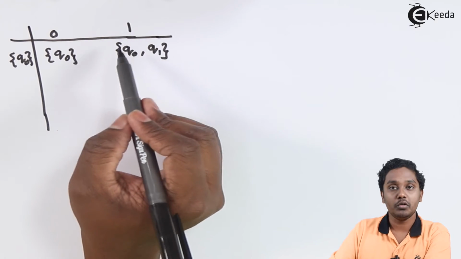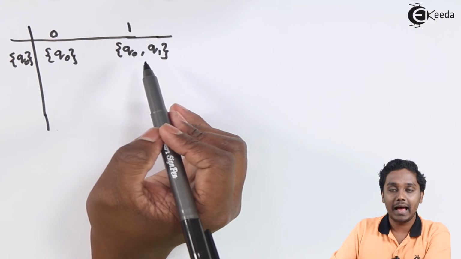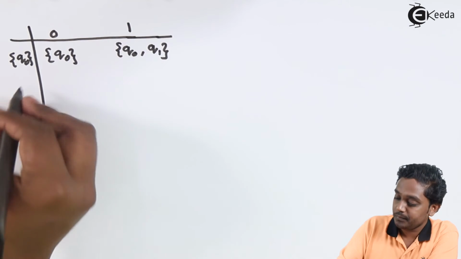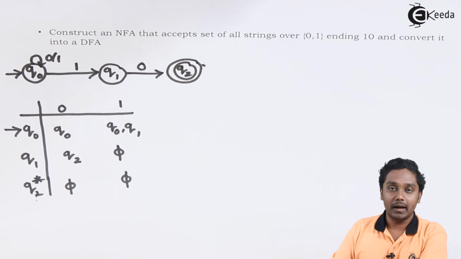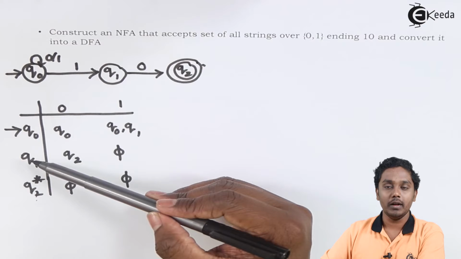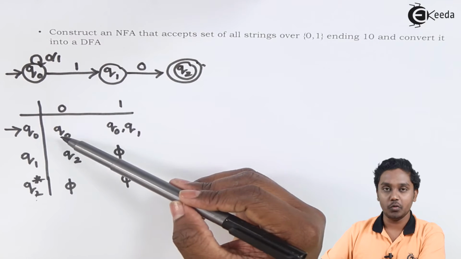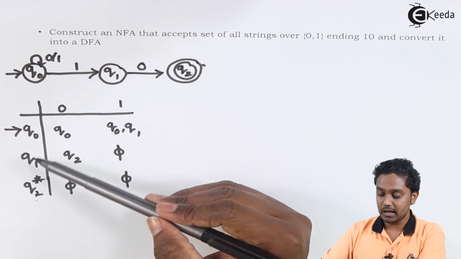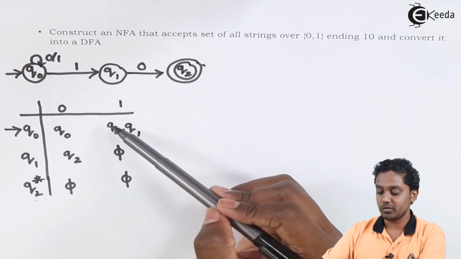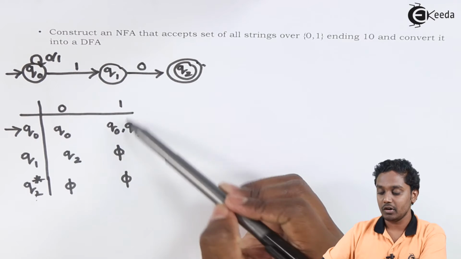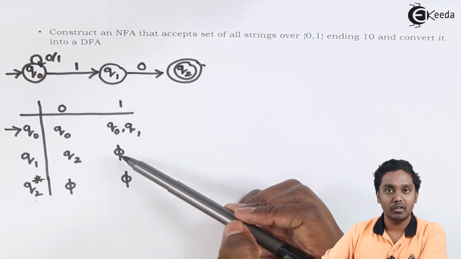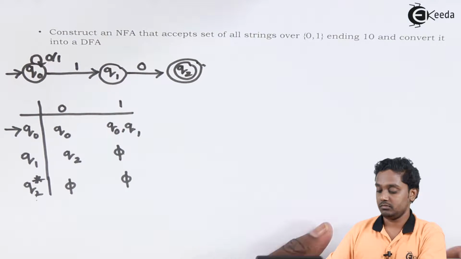Now we have encountered a new state Q0, Q1. Now we will add this entry to the transition table. Let us see the NFA table back. Q0 and Q1 have a transition to Q0 and Q2 on 0, and Q0 and Q1 have a transition to Q0, Q1 and dead state on 1. We will add this information to the DFA table.